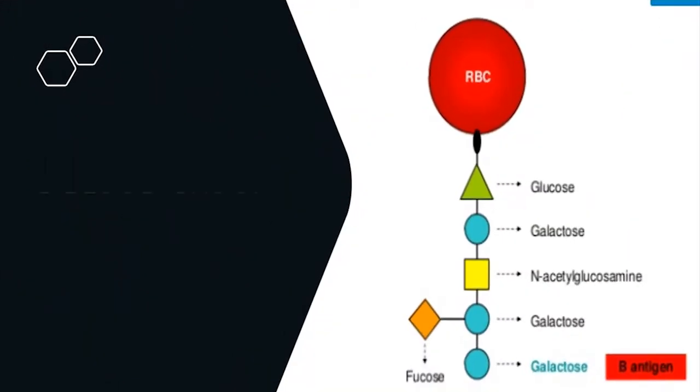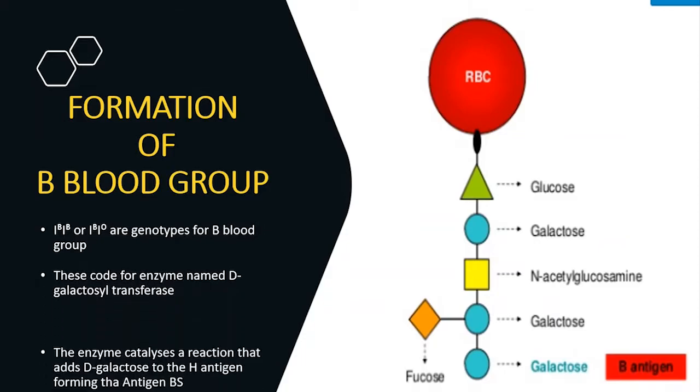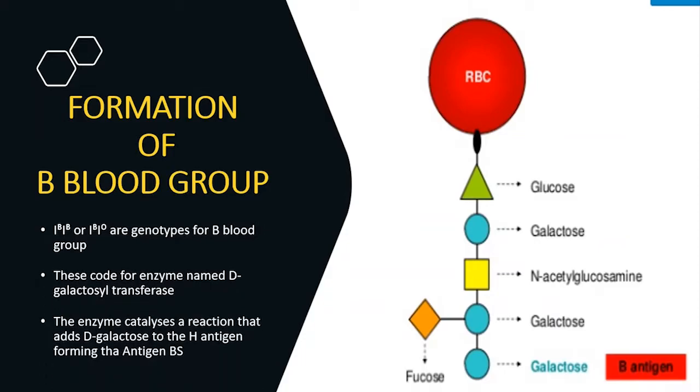So next we are going to discuss the formation of B blood group. In case of B blood group, the variant of the I gene that is present is IBIB or IBIO.